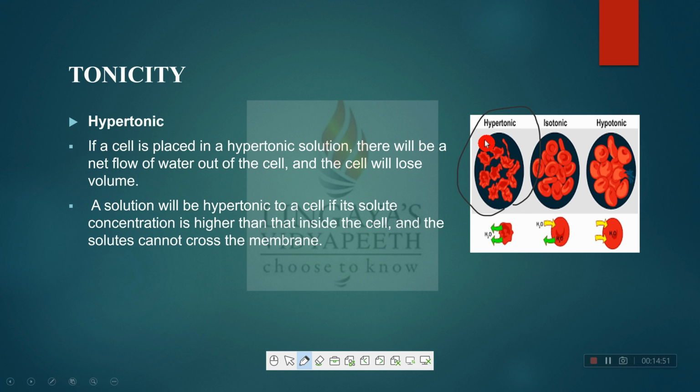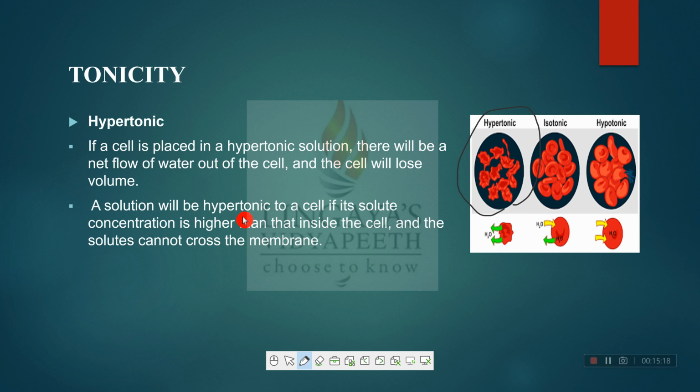A hypertonic solution refers to a solution in which the substance is put into a higher concentration of molecules. So what happens? The water molecules present in the substance will move out, flowing from the lower concentration to the higher concentration.